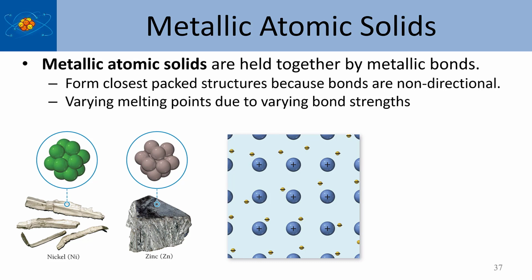Now, the way a metallic bond forms, you have to go back to molecular orbital theory. You might recall from doing molecular orbital theory, if we did lithium, we have two lithium atoms, and we're trying to look at the molecular orbitals that are created from two lithium atoms.